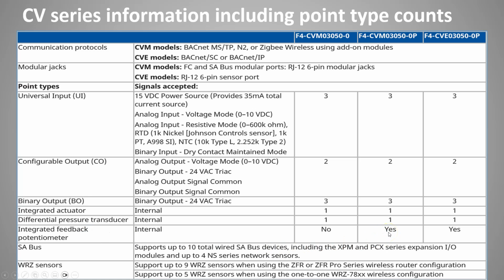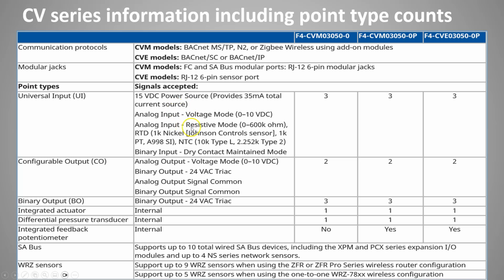So if you're doing a job with hundreds of controllers and you don't really care about the feedback, then don't get the P, get the one without the P, okay? We talked about this already. It's got 3 universal inputs. It's got 2 configurable outputs and 3 binary outputs, okay?